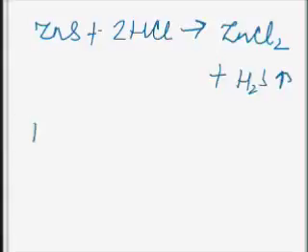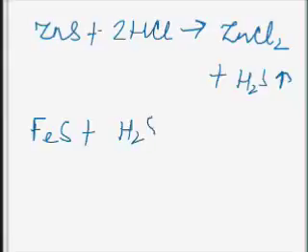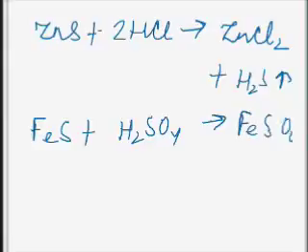Let's take another example. Iron sulfide, when it reacts with sulfuric acid, forms iron sulfate, FeSO4, and hydrogen sulfide gas is liberated. So hydrogen sulfide gas is liberated when acids react with metal sulfides.